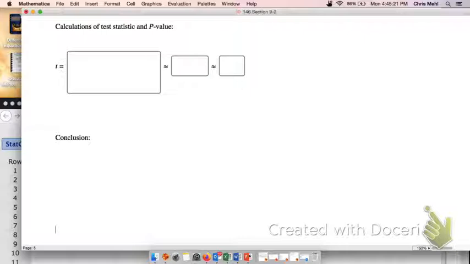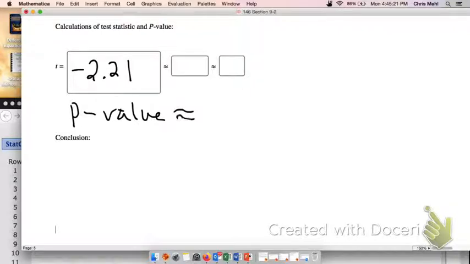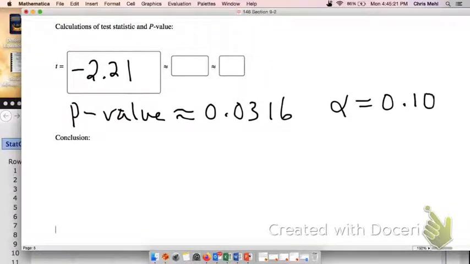The test statistic, I'll just go to 2 decimal places, so I got negative 2.21. And the p-value that StatCrunch gave me is approximately 0.0316. And recall that I think the alpha that we're using here is 0.10.